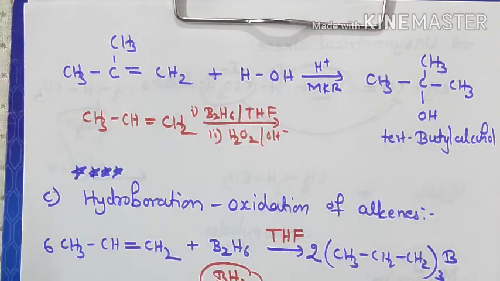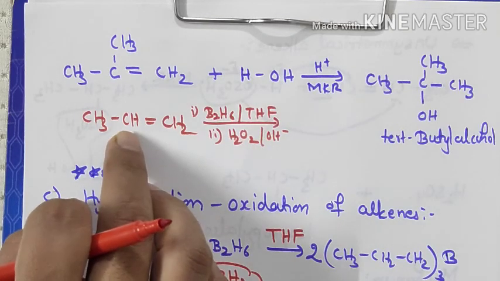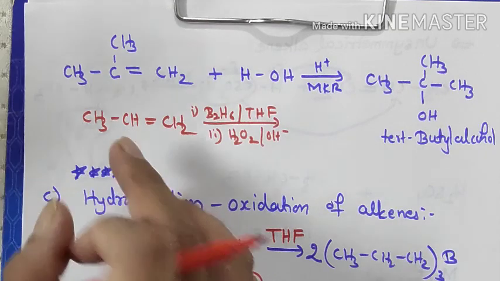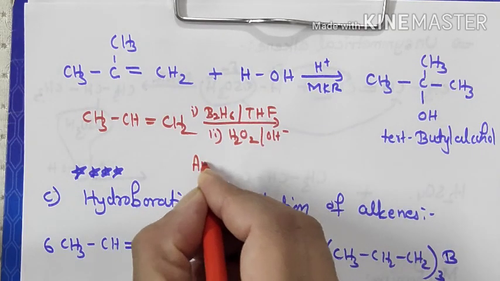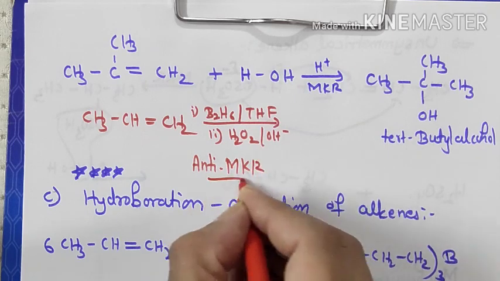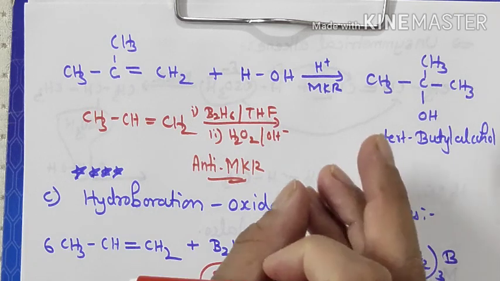Suppose this is given, and they ask you what the product is. Directly think that you are going to add water. Just add water, student. But add water according to the anti-Markovnikov rule. Understand? Anti-Markovnikov rule. Remember this.